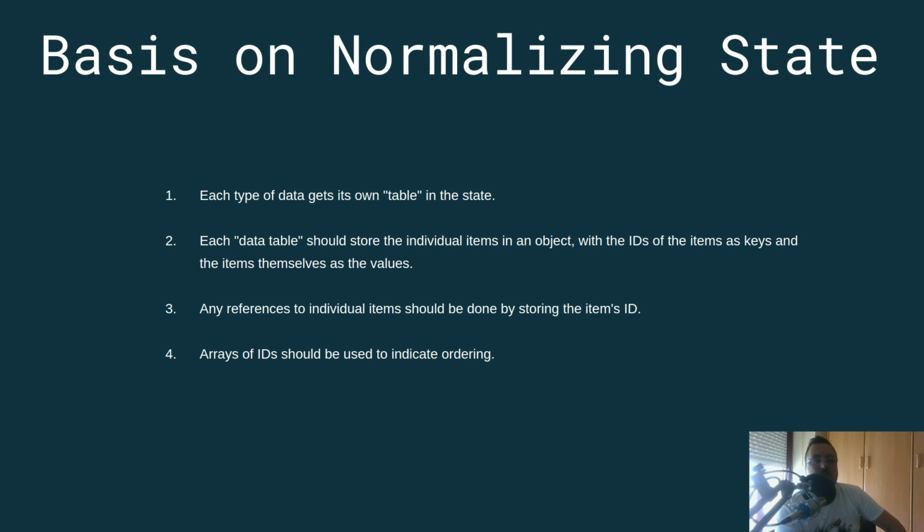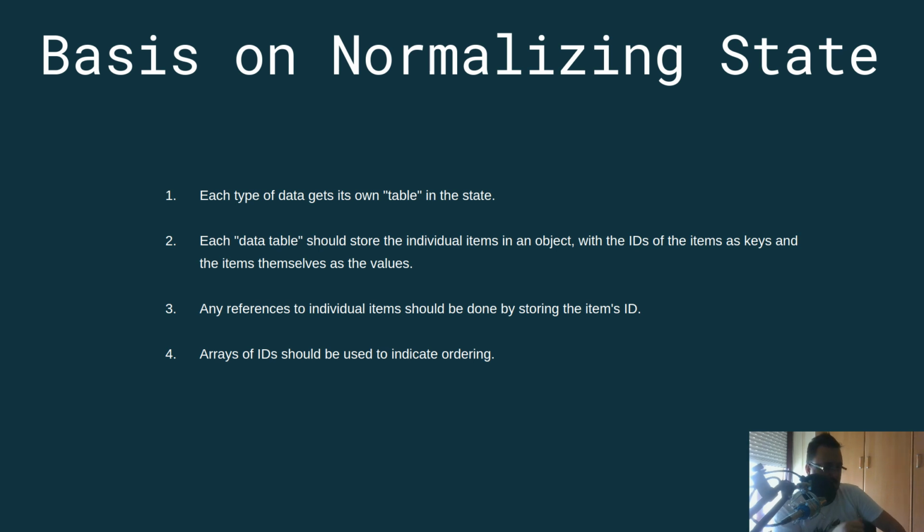I just said this when I was talking about the third problem of why we need to normalize state, because if you only have IDs, the IDs don't change, so we only change the object that all the IDs reference. And the last point is arrays of IDs should be used to indicate ordering.